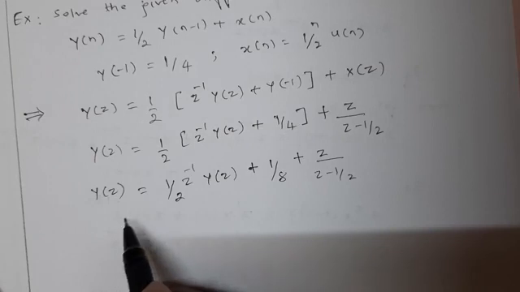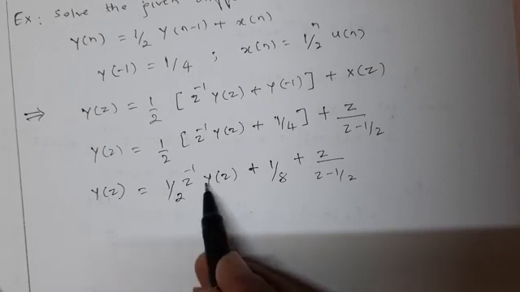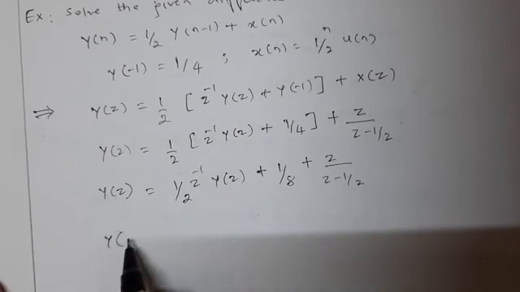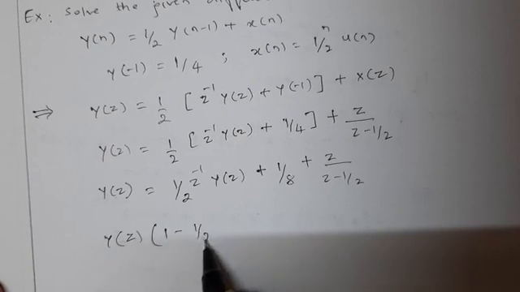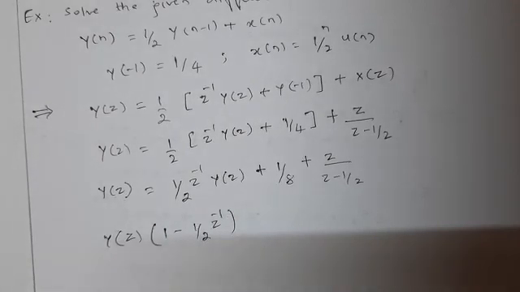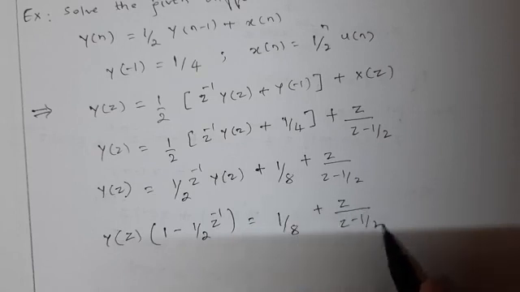Now when you try to solve this, here I have y of z and here also y of z. So first take out the common y of z. So what you have? 1 minus 1 by 2 z inverse times y of z is equal to 1 by 8 plus z divided by z minus half.